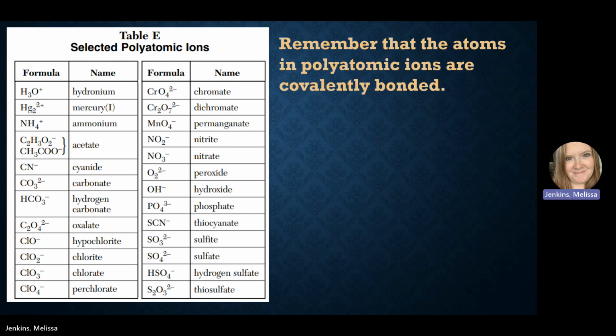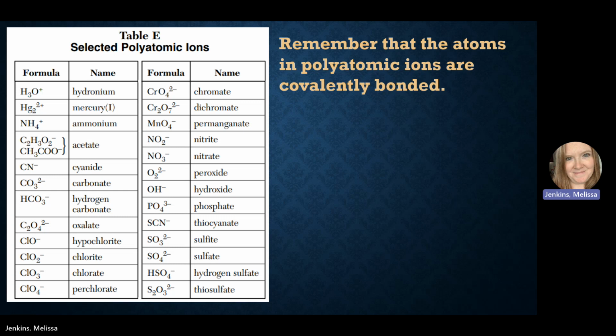Table E, so all these are polyatomic ions. Here's what's important to remember: they are covalently bonded to each other. If we look at a simple one, we have carbon, it's going to be bonded to nitrogen. Overall, the whole thing has a negative charge. The bond between them is covalent.